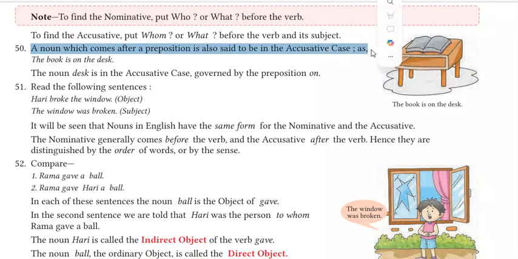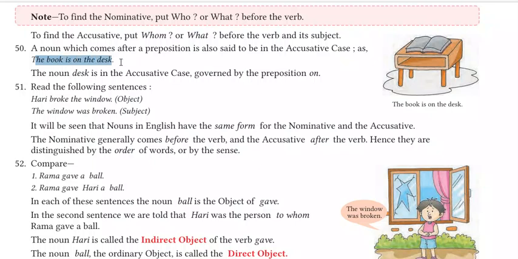For example, a noun which comes after a preposition is also said to be in the accusative case. The book is on the desk. Here the noun desk is in the accusative case governed by the preposition on, right? Read the following sentences.